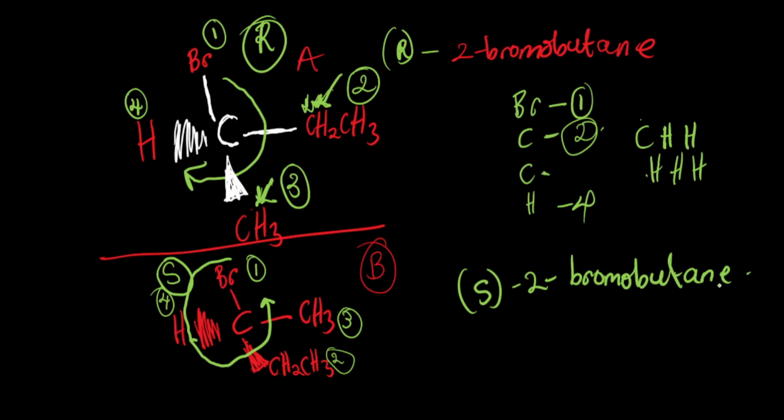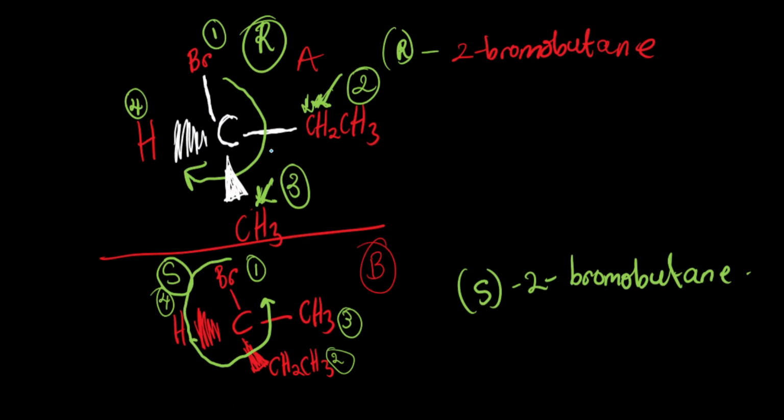Now, aside from interchanging two groups, we could actually form a stereoisomer by flipping, making a lateral inversion to our molecule such that the left becomes the right and the right becomes the left. So let's take a look at that. Let's laterally invert this molecule. A lateral inversion would look something like this.